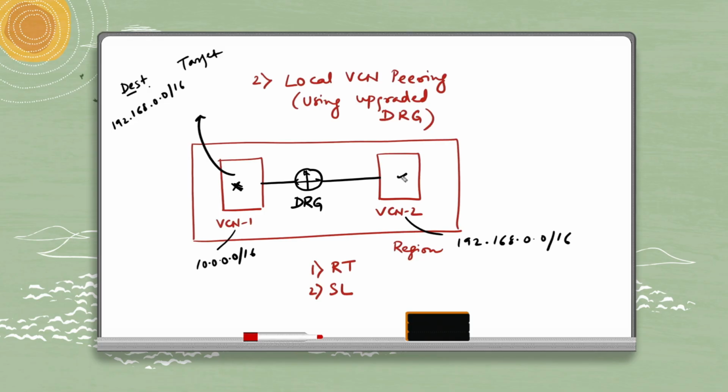If from here you want to go to VCN2, then the target is going to be dynamic routing gateway. Similarly, for this particular virtual cloud network, the destination is going to be this, and the target is going to be dynamic routing gateway.